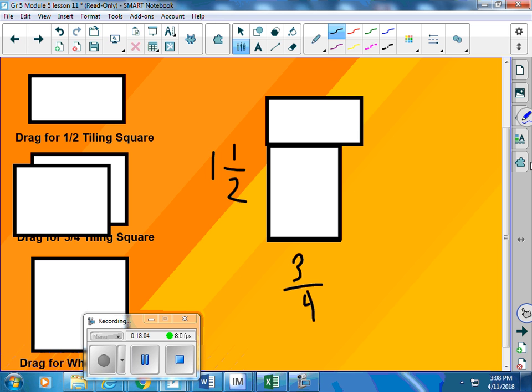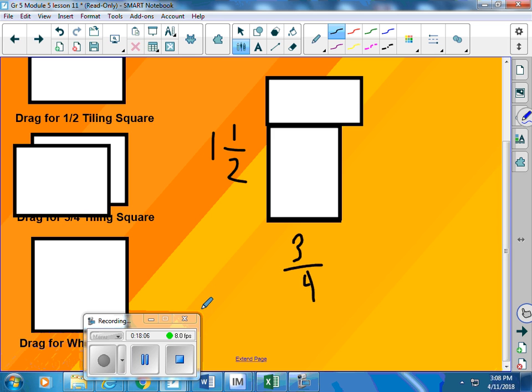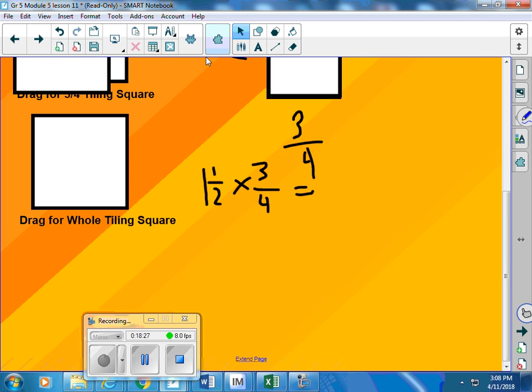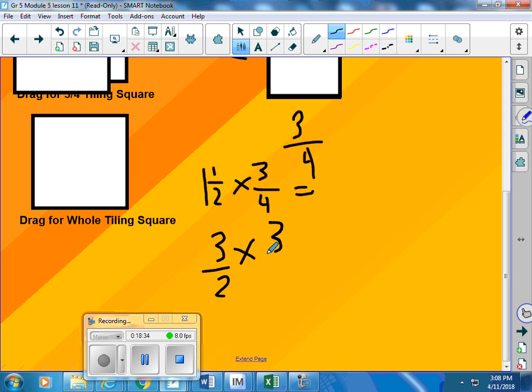So I'm going to go ahead and multiply 1 1/2 times 3/4. So I have a mixed number by a fraction. I cannot just multiply the fractions, friends. I got to change this. 1 times 2 is 2, plus 1 is 3. Let me get myself a little bit more room to work here. So 3 halves times 3/4.